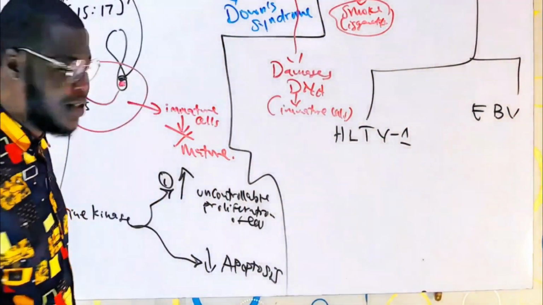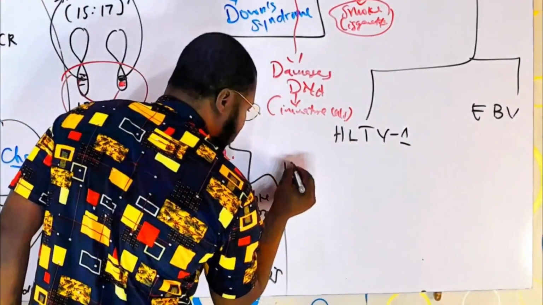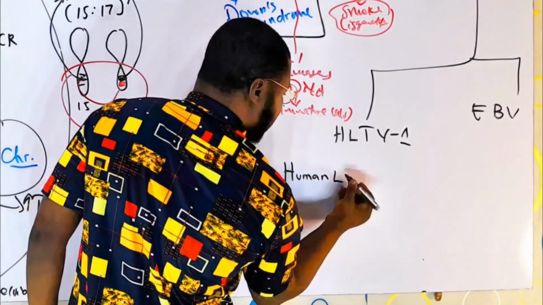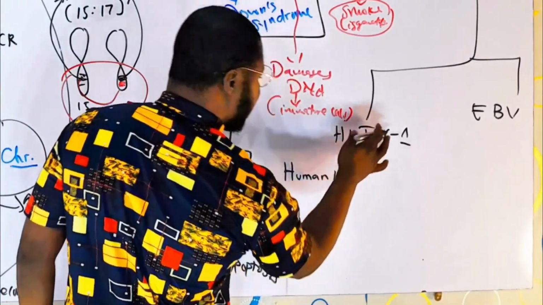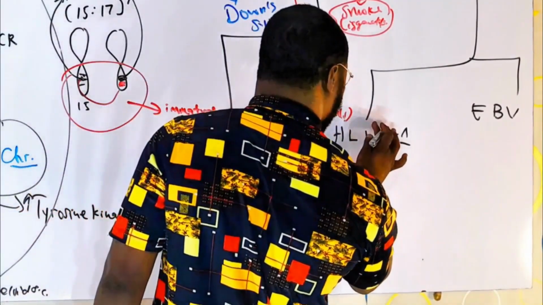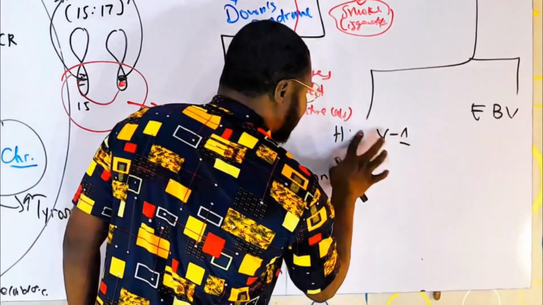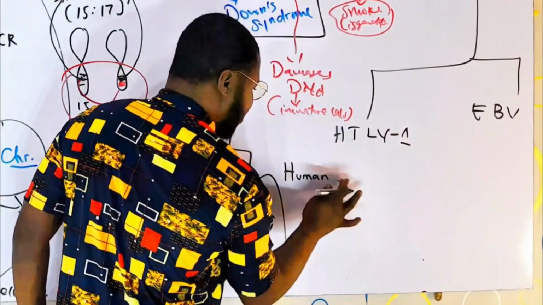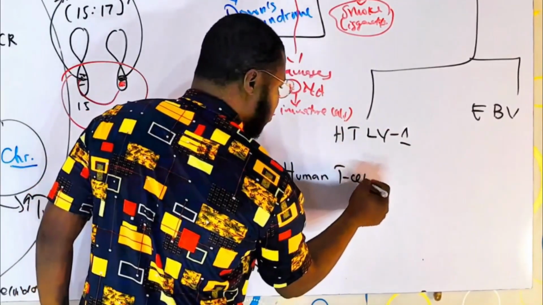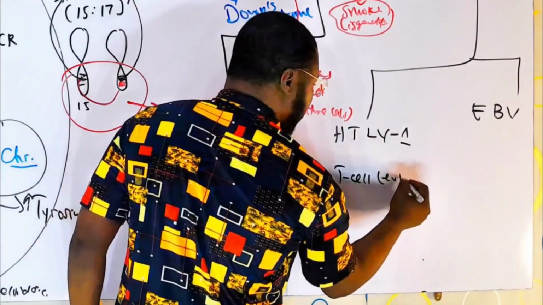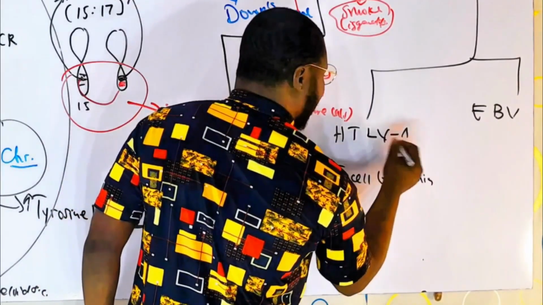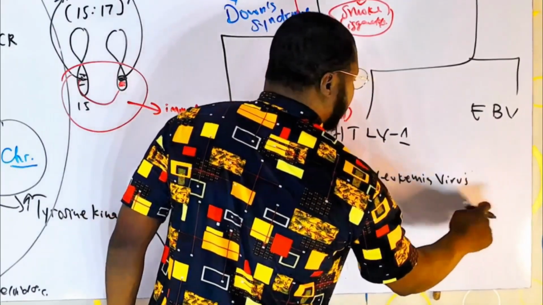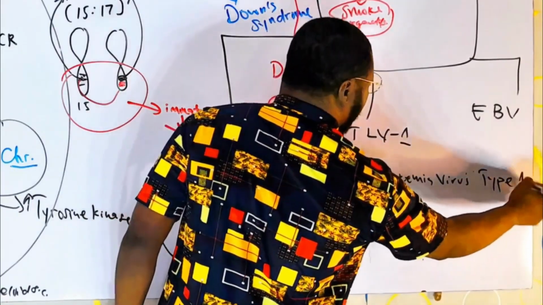So what is the meaning of that? HTLV, which means human T cell, L is leukemia, and V is virus, and the 1 is type 1.